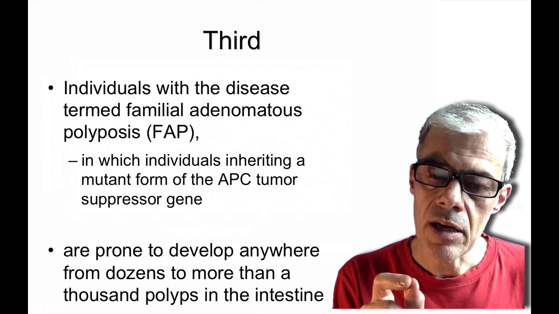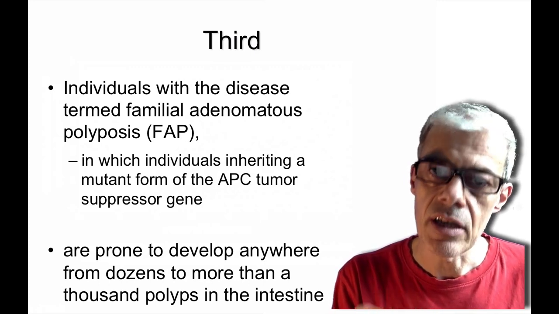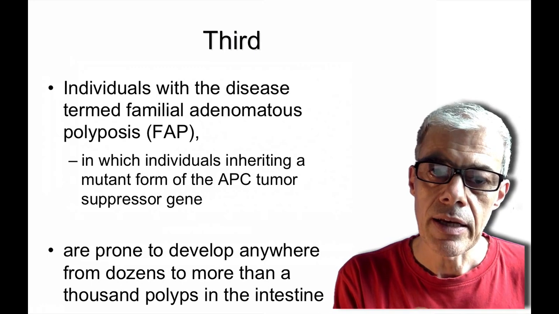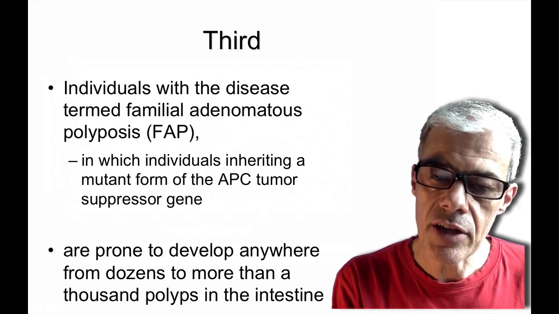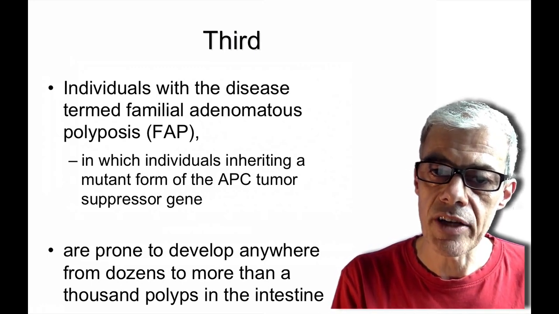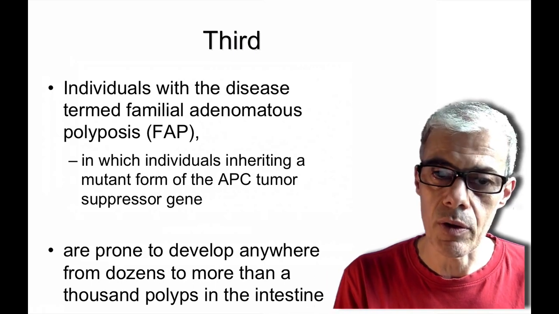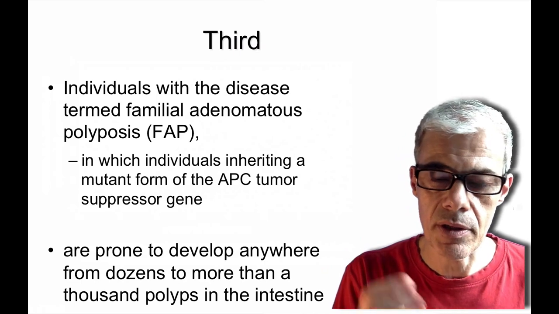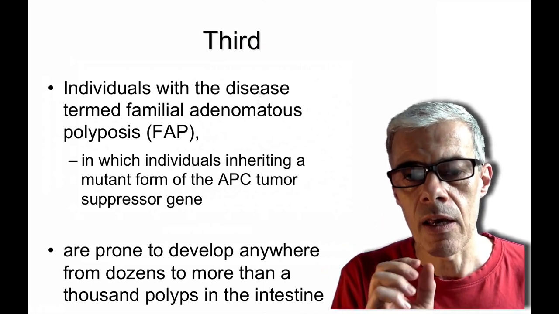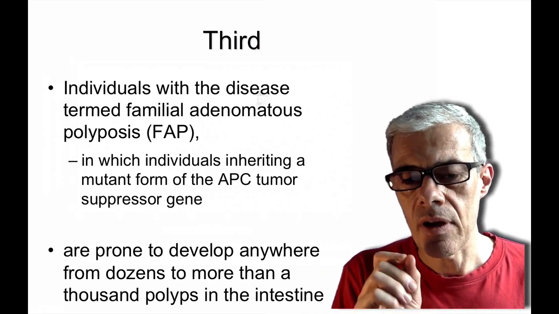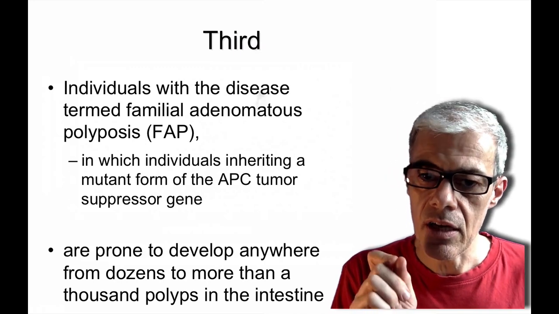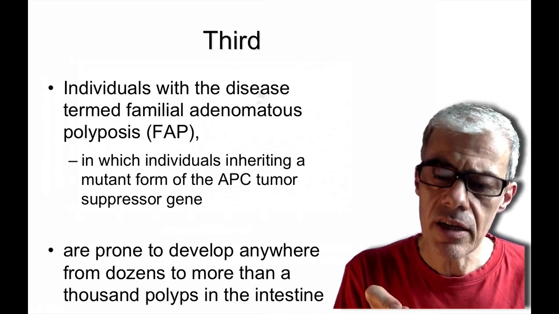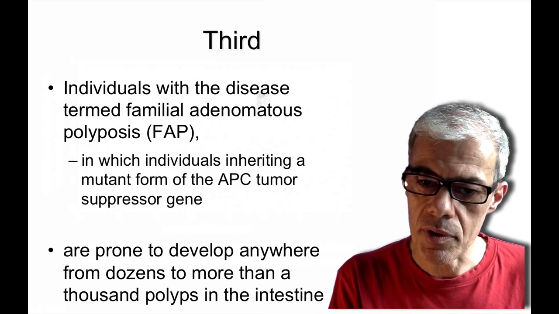There's a particular mutation that is inherited in these families. This mutation gives rise to the formation of lots of polyps in the colon, hence the name familial adenomatous polyposis, FAP. It doesn't matter what it's called, but these patients have a mutation in the APC tumor suppressor gene, and that gives rise to the polyps.